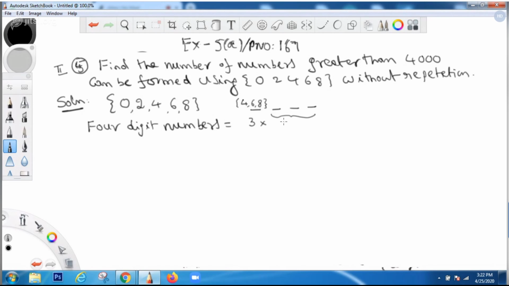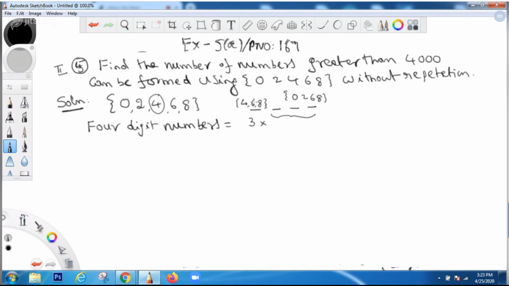Into, there are still how many places to fill? 3 places. Suppose 4 is used. Then how many numbers are there yet to use? 1, 2, 3, 4. So there are 4 numbers. Suppose 4 is used, available digits are 0, 2, 6, 8.